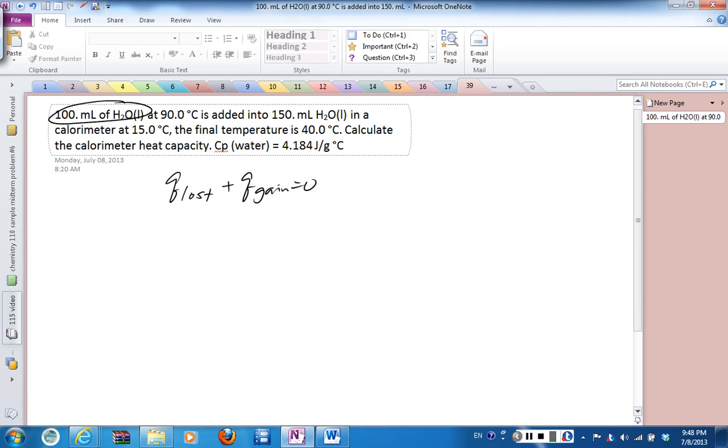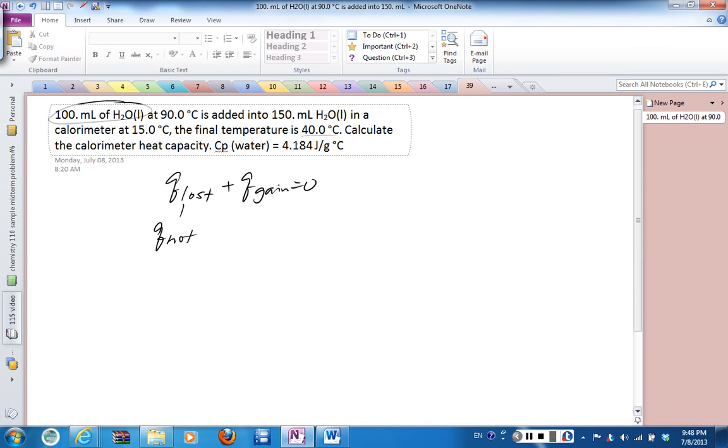This is hot, 90 degrees Celsius, and since the final temperature is 40, apparently our hot water has lost heat. There are no other hot objects in the system, so this is the only thing that's losing heat.